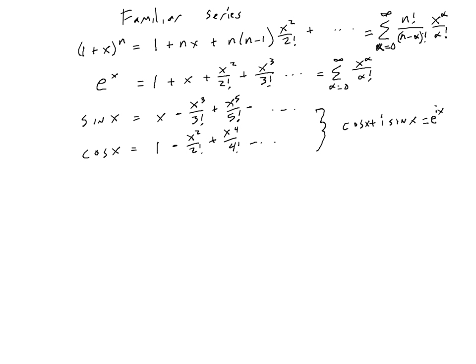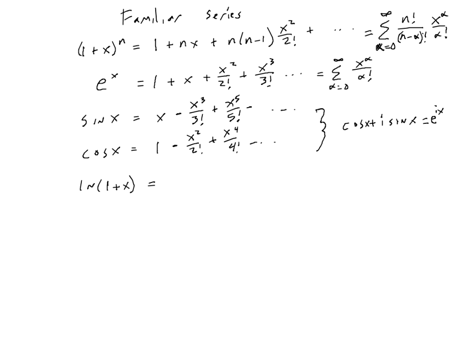Okay. Another one is natural log of 1 plus x. That comes from taking the derivative of this first term I have up here, but setting n equal to minus 1.